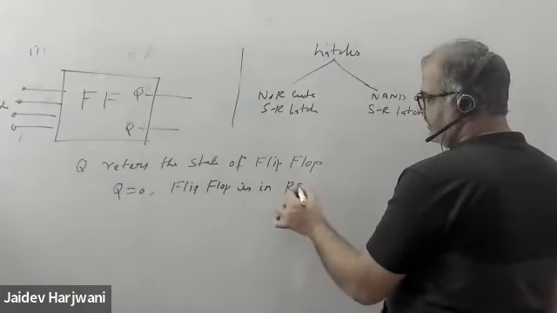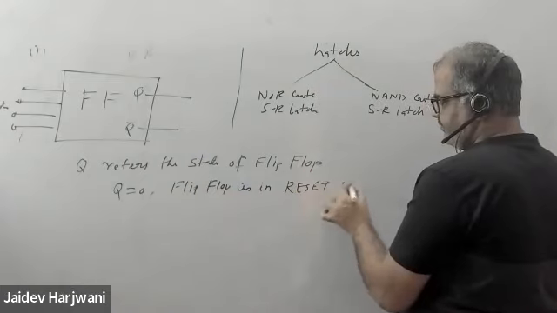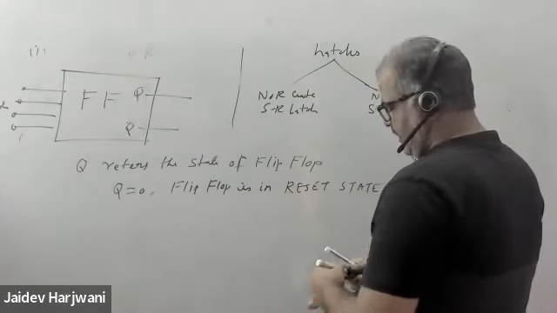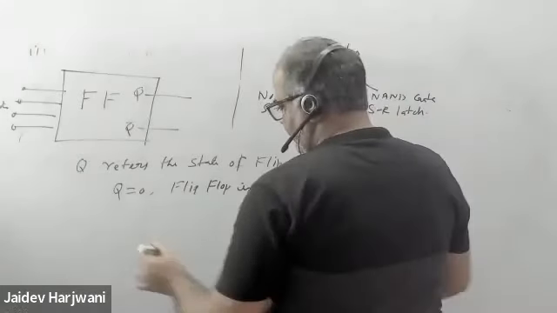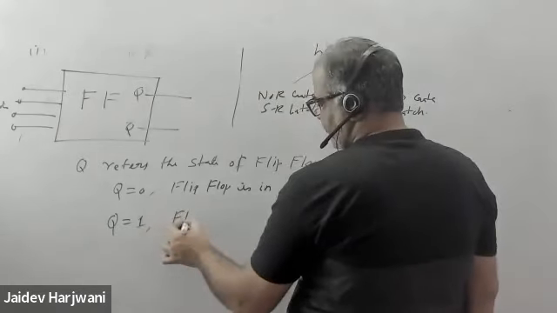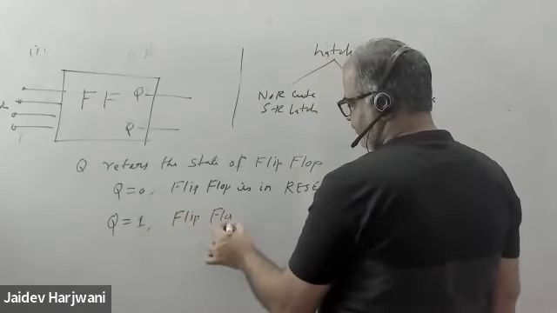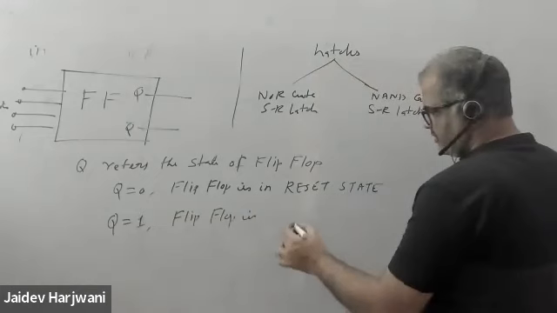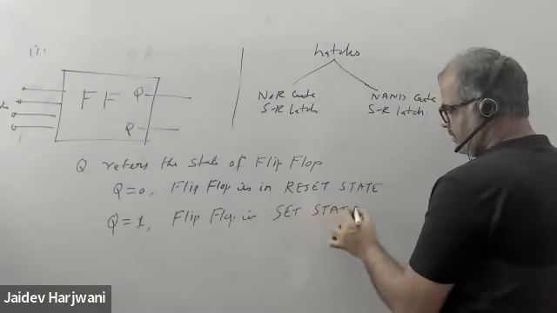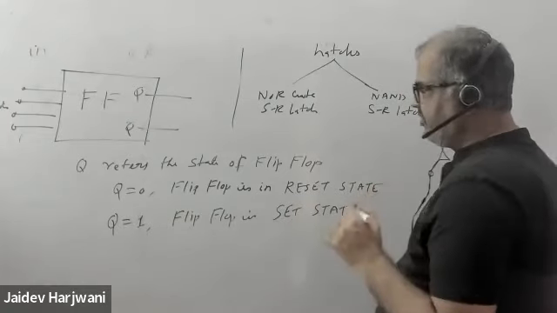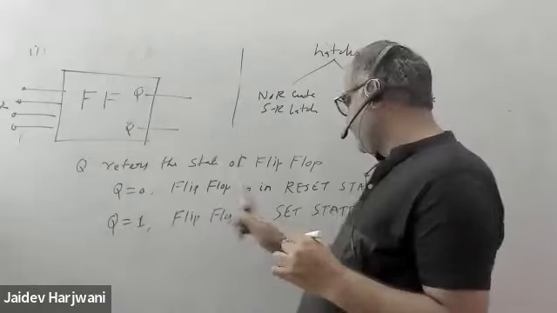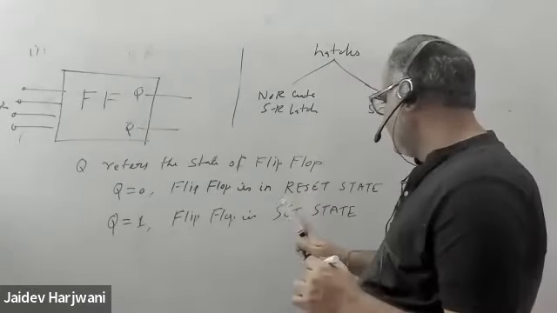If Q is equal to 1, the flip flop is called in set state. So a flip flop has two states: reset state and set state. Q is 0 means reset state, Q is equal to 1 is set state.